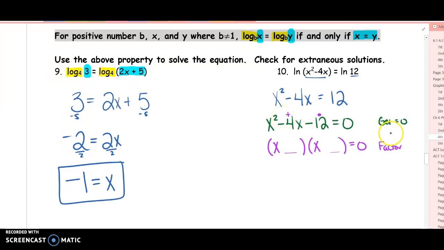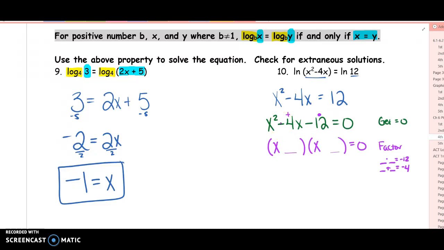If you need to write out the blanks, blank times blank equals negative 12, blank plus blank equals negative 4, go for it. But a lot of you can now move beyond that into guessing and checking. I like to put a multiplication symbol above my negative 12 and an addition symbol above my negative 4 to visually remind me of the pair of numbers I'm looking for.